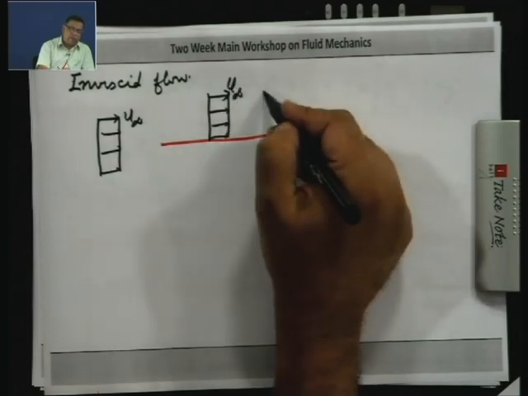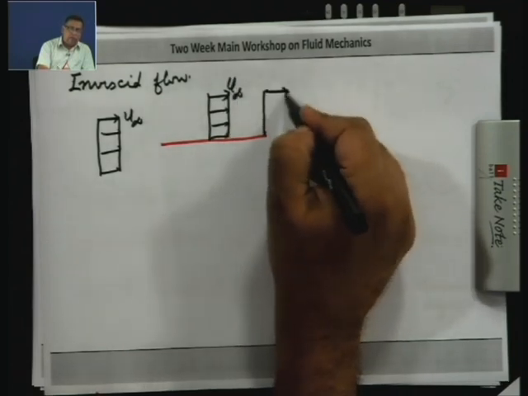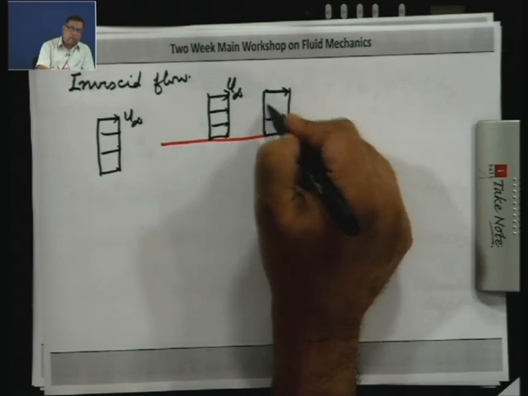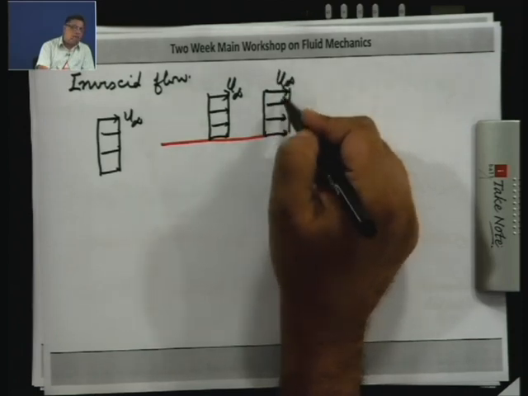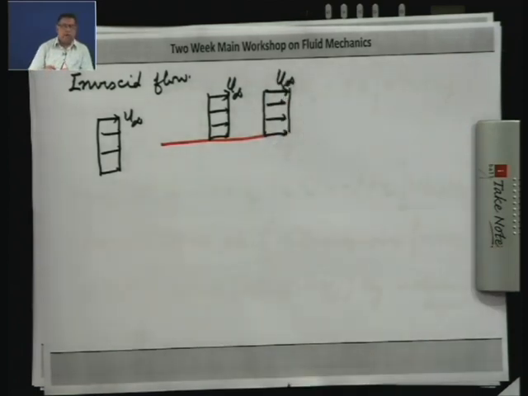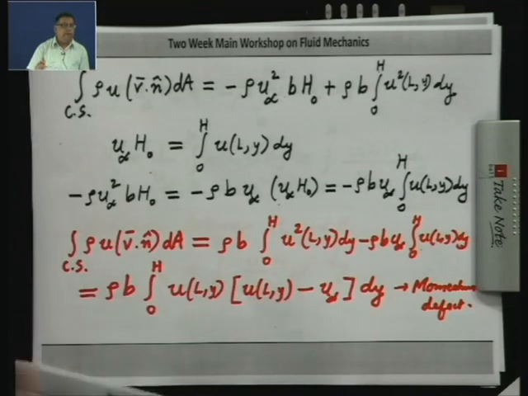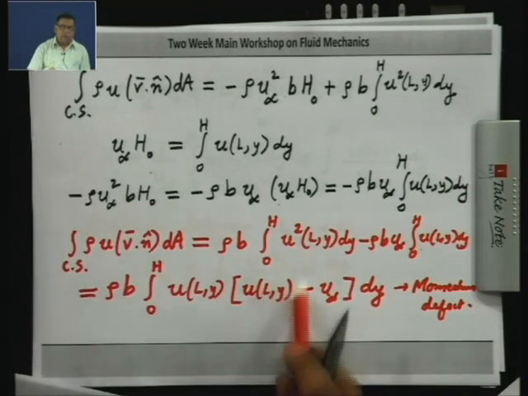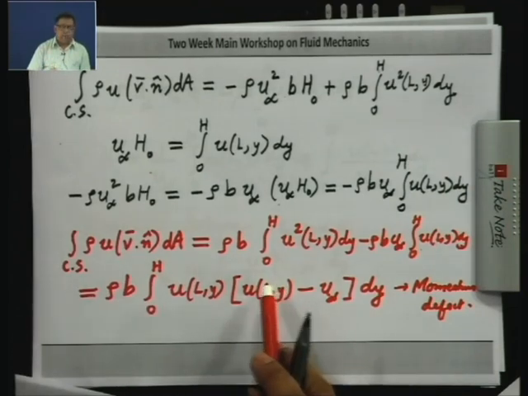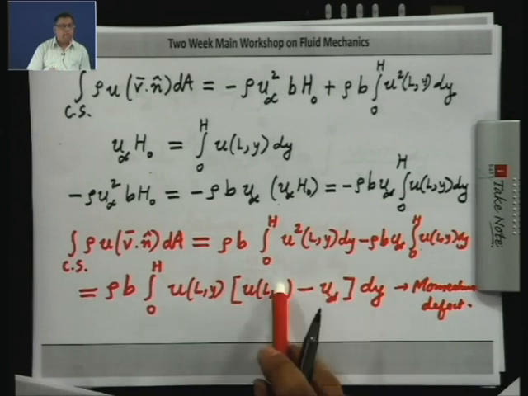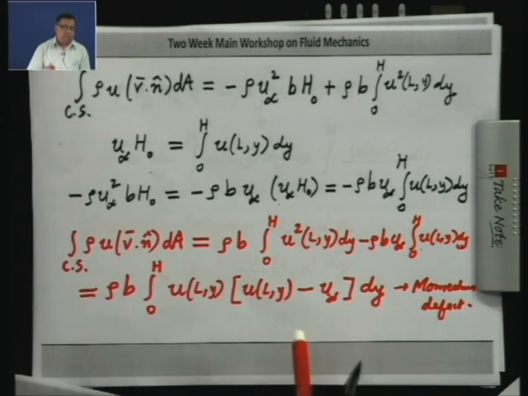So, u of L y is going to be u infinity everywhere. In that case, this momentum defect is going to be 0, because you have u infinity minus u infinity, which is 0, dy, and that is the reason why for inviscid flow the drag is 0.